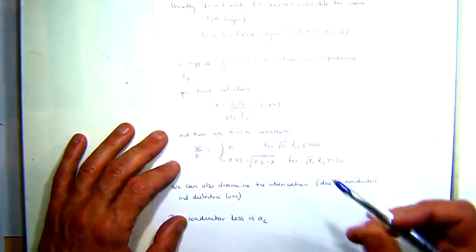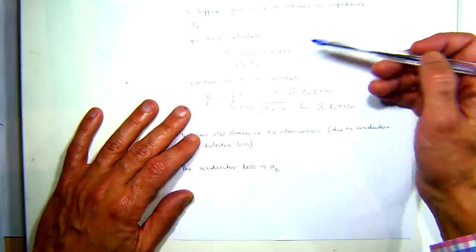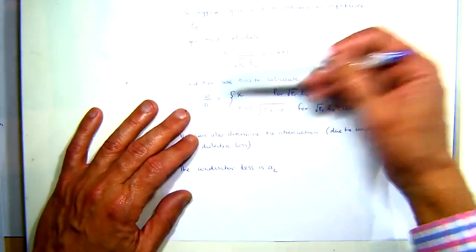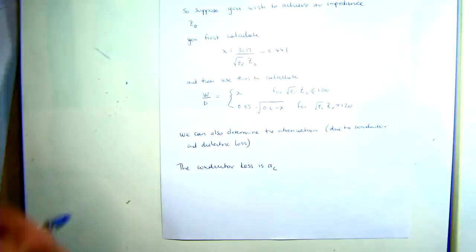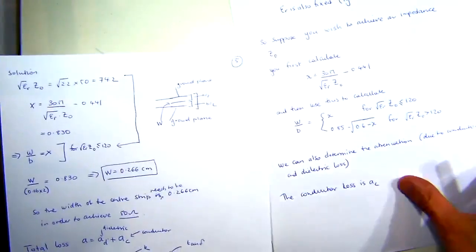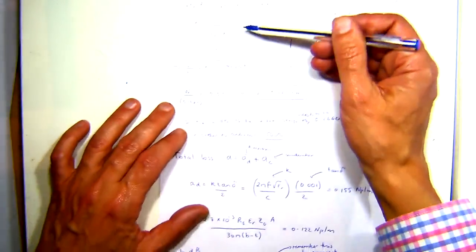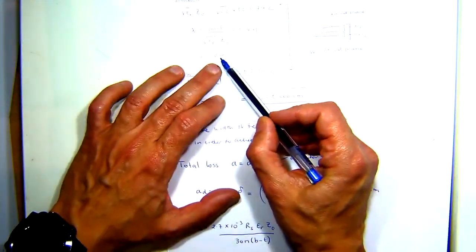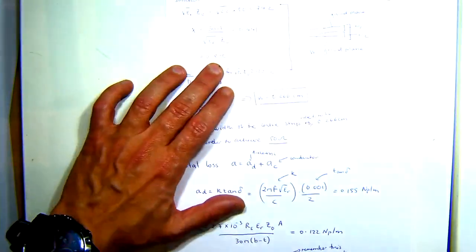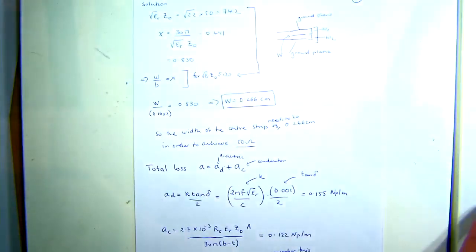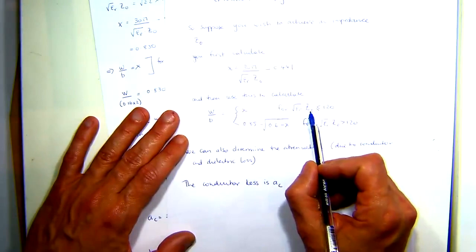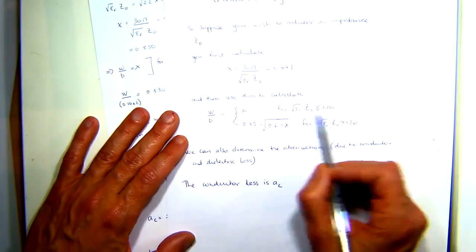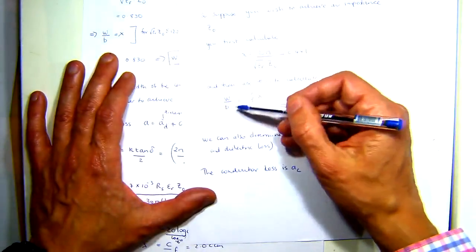I've only just transposed that, and we use this to calculate W and B. So we've calculated x in this particular case, and x is less than 0.3, equal to 0.830. Because also the characteristic impedance times the square root of εr is less than 120 in this particular case, I can use W on B.